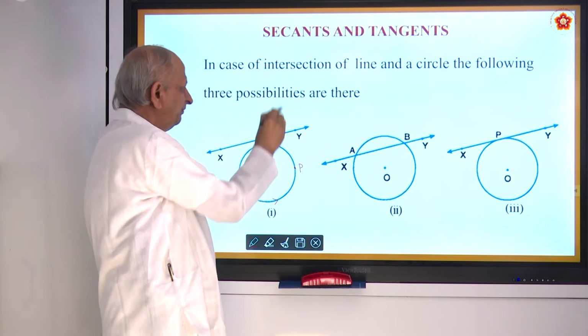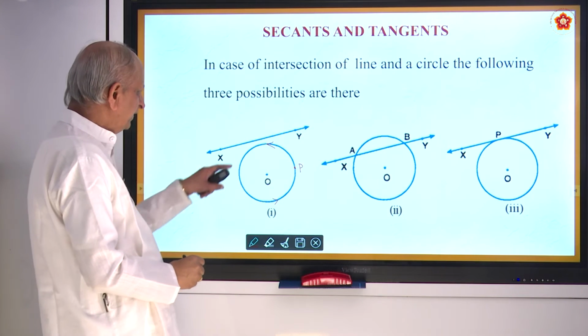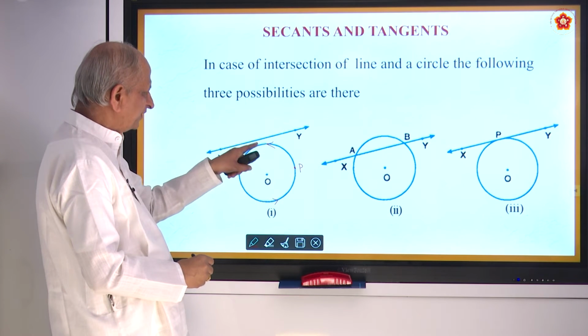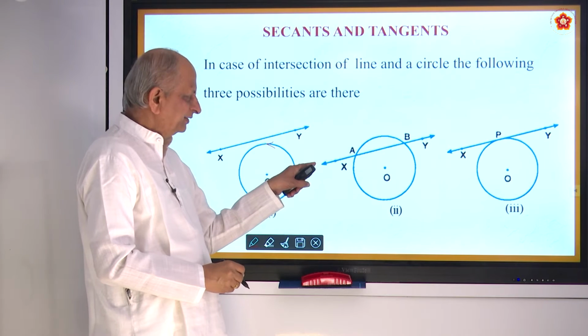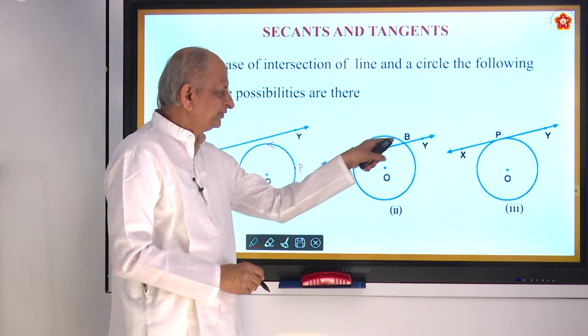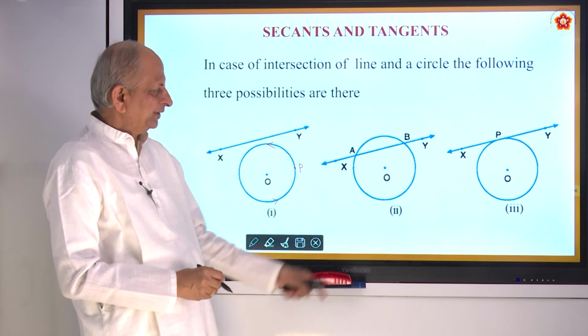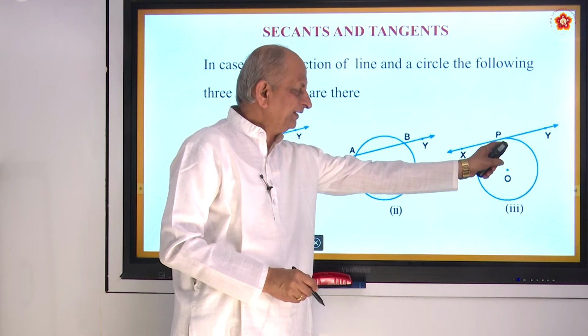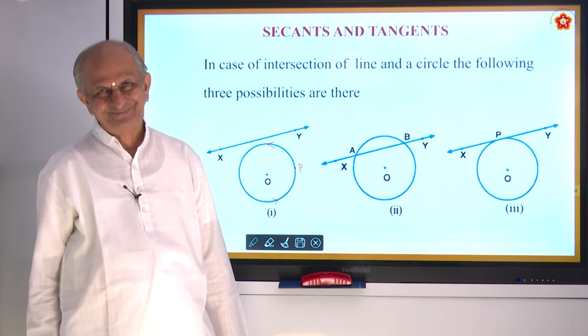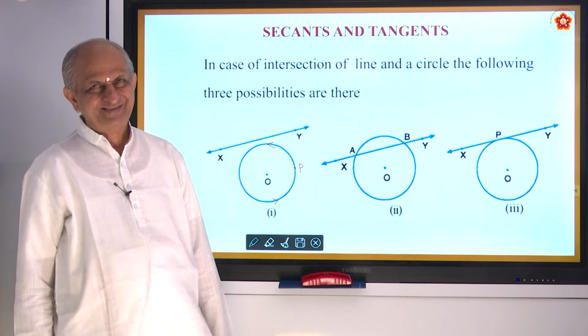So when you think of a line and a circle, here the line is different. There are three possibilities. First one is the line is outside the circle. Second, the line passes through the circle. Third one, the line touches the circle. Is it not?